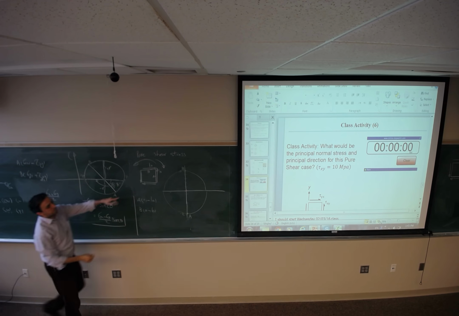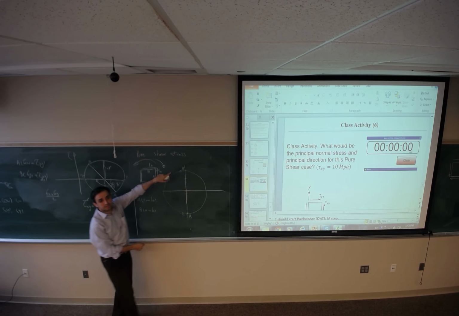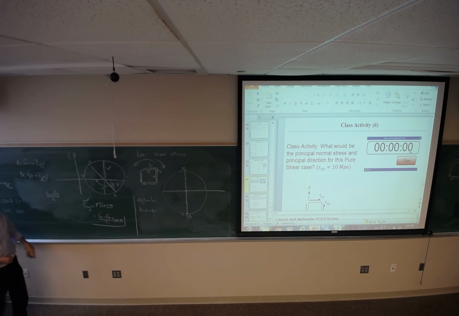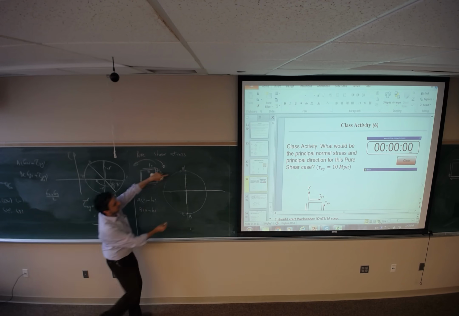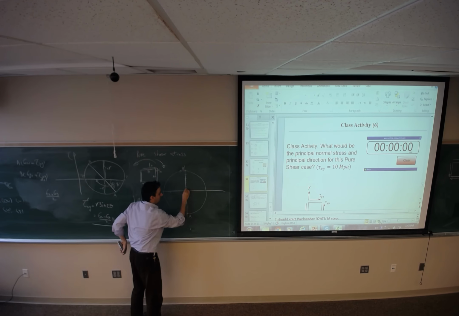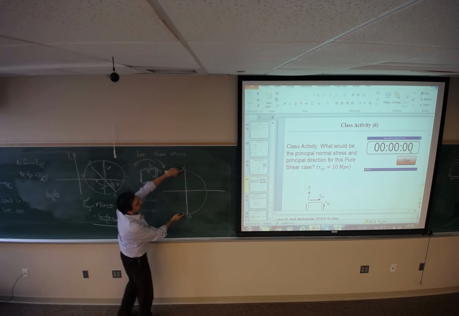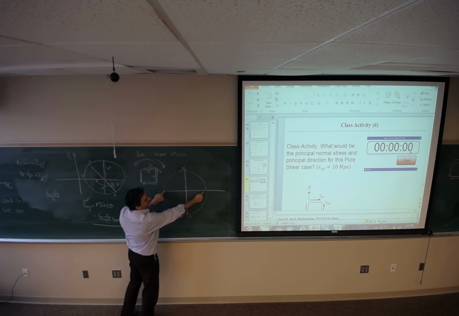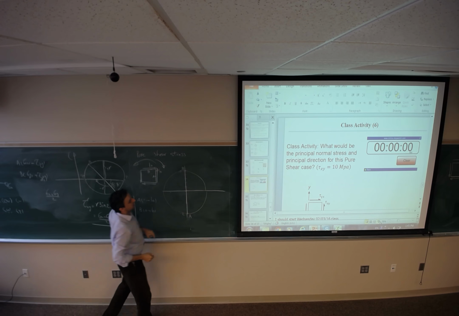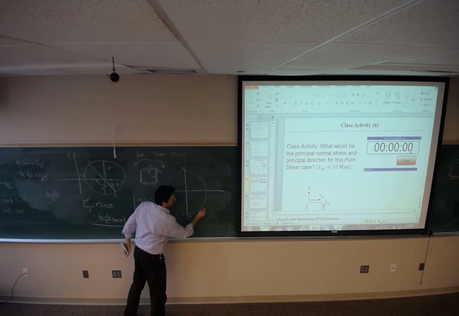Any question on this? So for principal normal stresses, this is line AB. You can rotate either counterclockwise or clockwise. I rotate counterclockwise.